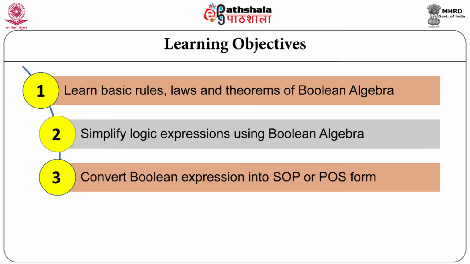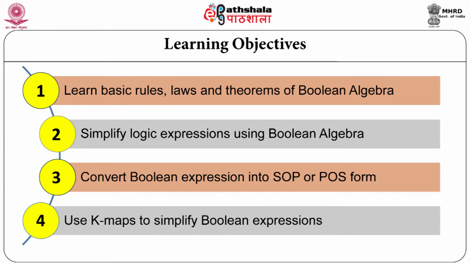It is also possible to find the min terms as well as max terms for the Boolean expressions. As the number of terms in the Boolean expression increases, it becomes difficult to simplify using basic rules and laws of Boolean algebra. In the last section, you will understand how to use a graphical method, that is Karnaugh maps, to simplify Boolean expressions.